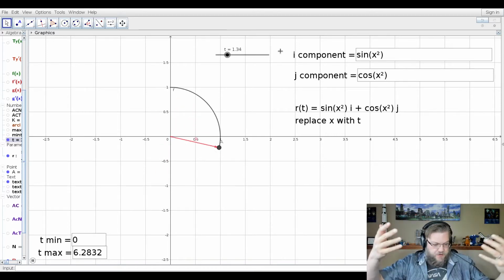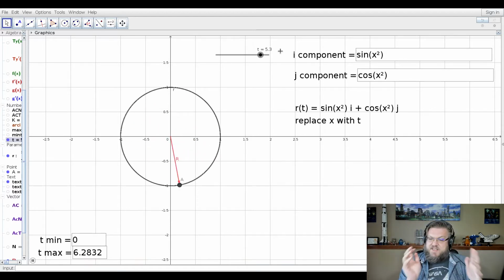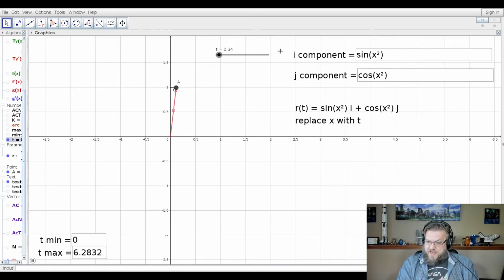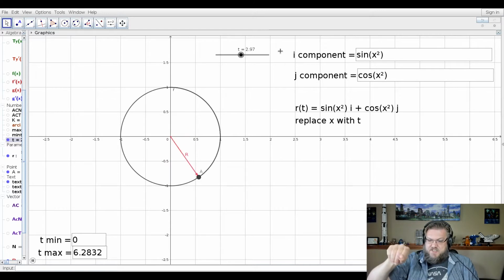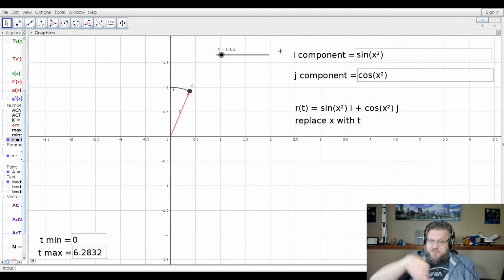Like it's a parabola, or a straight line, or a circle, right? But we never got a sense of how it was drawn out, right? Was it drawn out with a nice constant speed, like we saw in the original? Or is it accelerating as it draws?